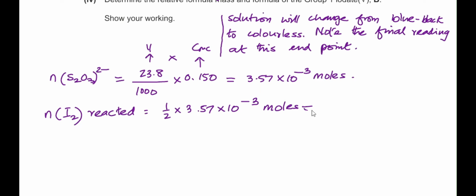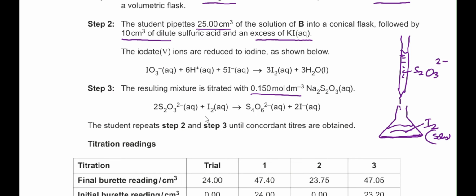From the calculator we get it as 1.785 times 10 to the power of minus 3 moles. These iodine moles have come from the first equation, and therefore from that equation we can find out the number of moles of iodate ions, and here the ratio is 3:1.